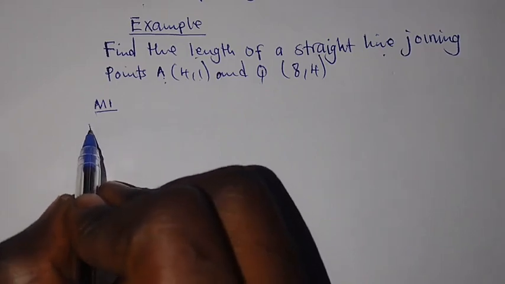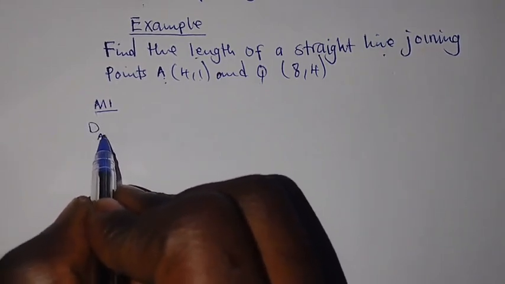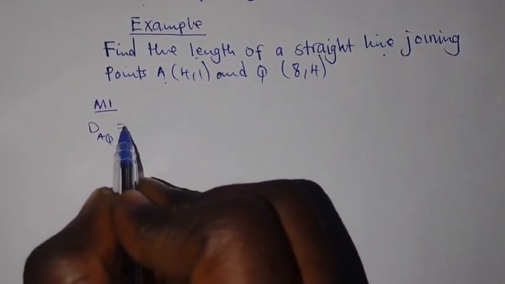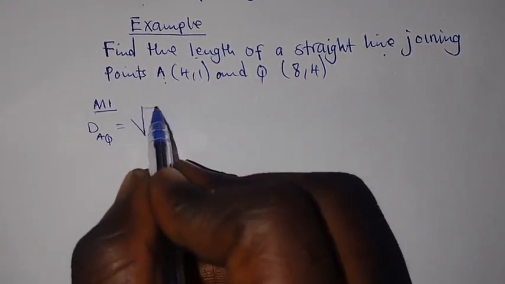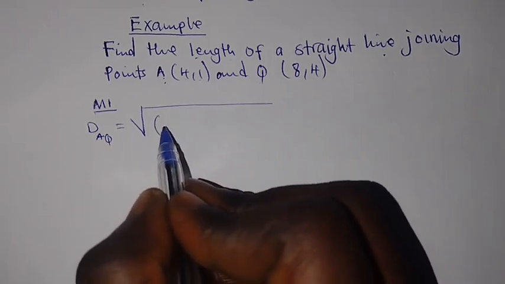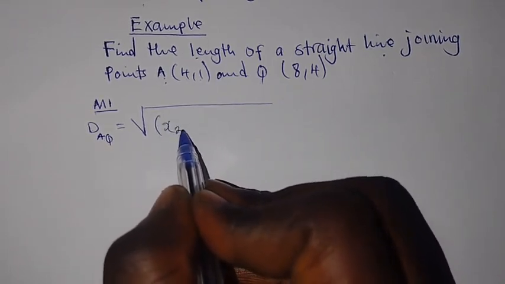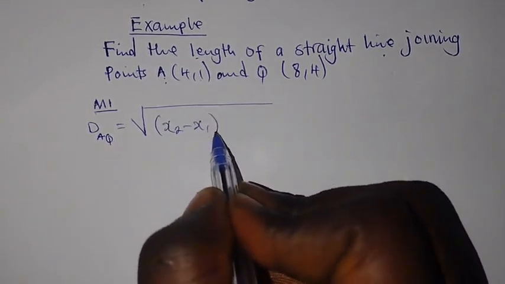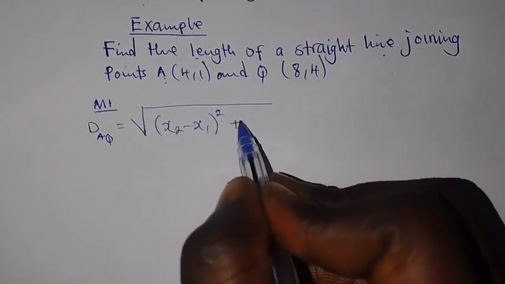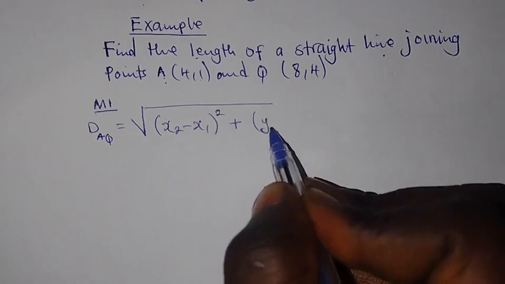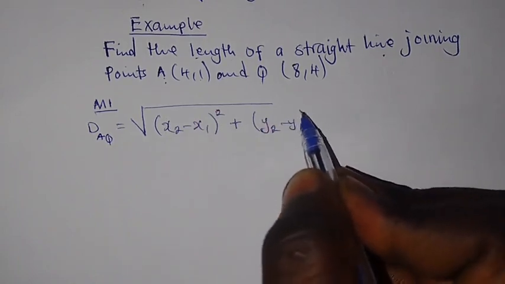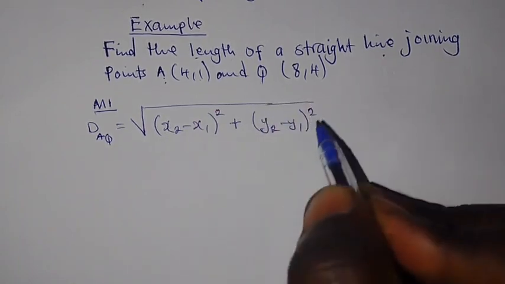Since we are finding the distance, distance of AQ is equal to the square root of (x2 minus x1) squared plus (y2 minus y1) squared. This is our formula.